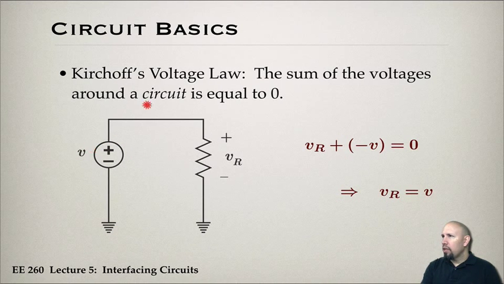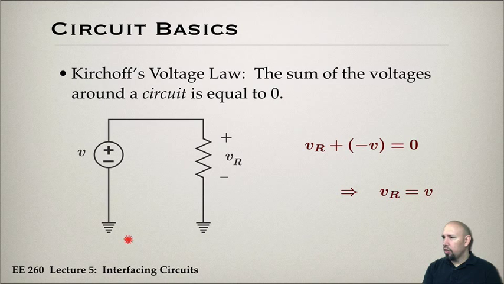Okay, so what this says is that the sum of the voltages around a circuit is equal to 0. If we start here, notice we're entering on the plus side of VR. So as we go around, since we're going from plus to minus, that gives us a plus voltage VR in our equation. Then we keep going around.